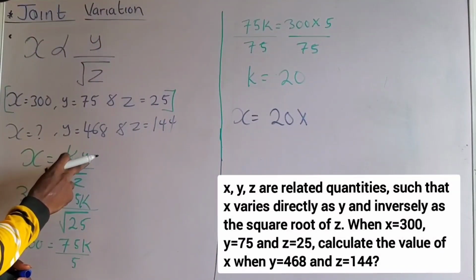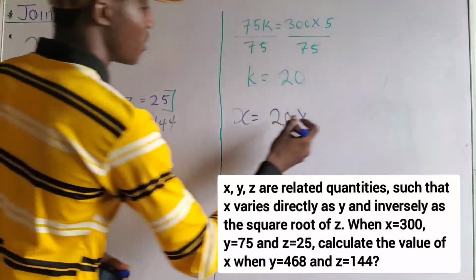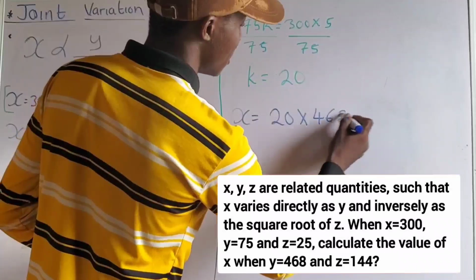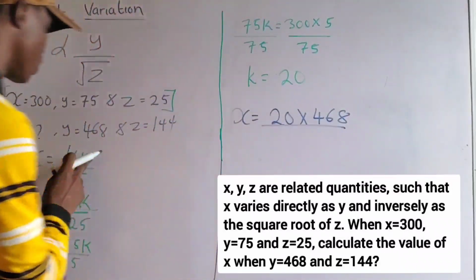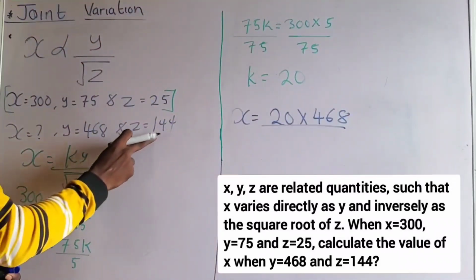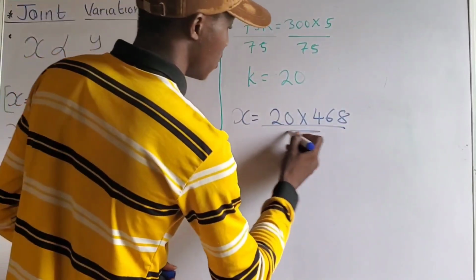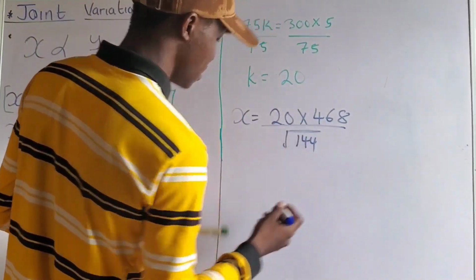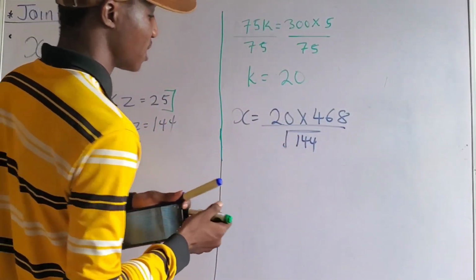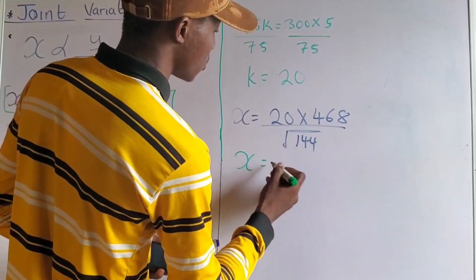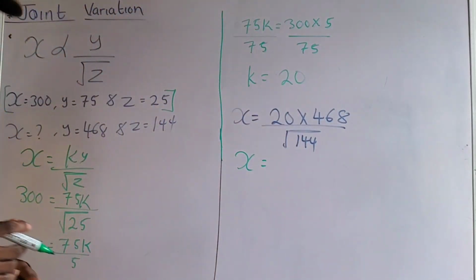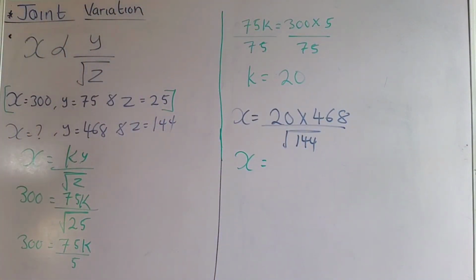What is y? Y has been given as 468, so I'm going to have 20 times 468 all over the square root of z. The square root of z now will be square root of 144. Square root of 144, right? Yes. So for this, I'm going to have x equals to 20 times 468. 20 times 468, that is 9,360.